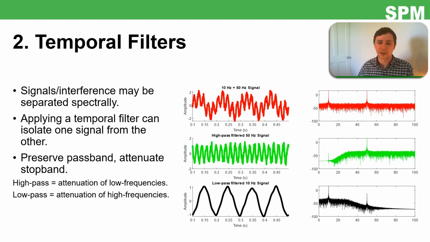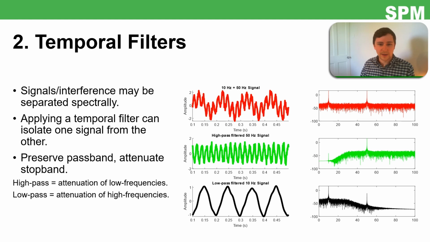But generally speaking, you want to design a filter so that it preserves a passband, a range of frequencies which you would like to keep exactly the same, and attenuates the stop band, those frequencies which you'd like to get rid of.